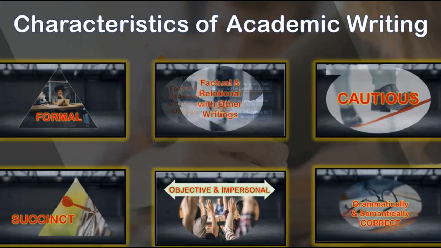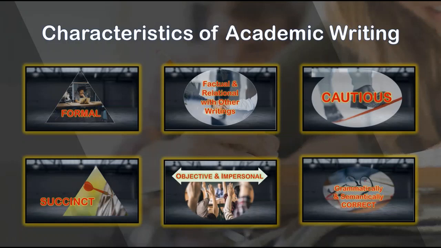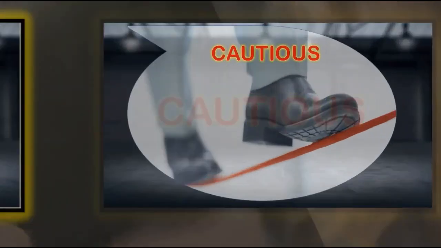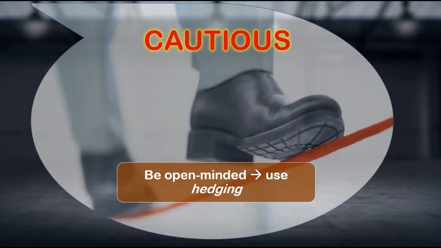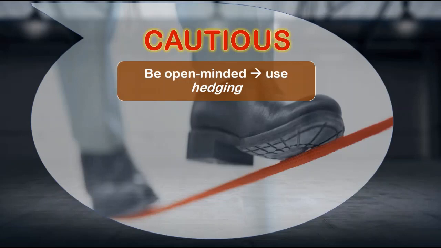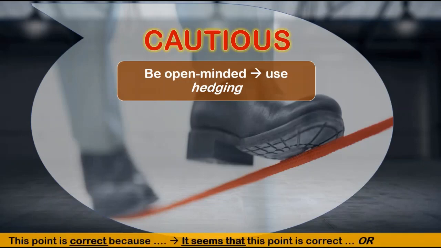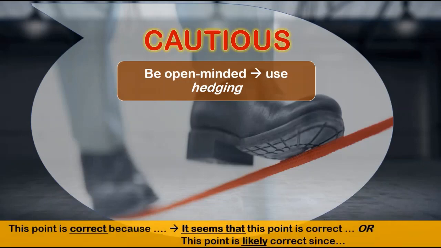Alright, so now let's go to the next characteristic, which is cautious. Being cautious means that you have to be careful of what you are going to write. First thing that you have to keep in mind is to be open-minded. Instead of using words or phrases which are kind of strong in matter of opinion, you can use hedging, the way you share your opinion.